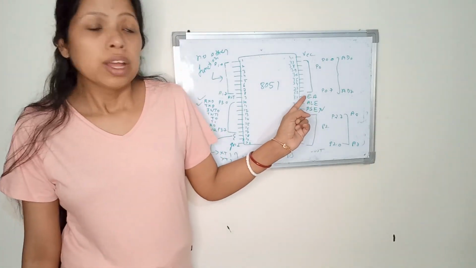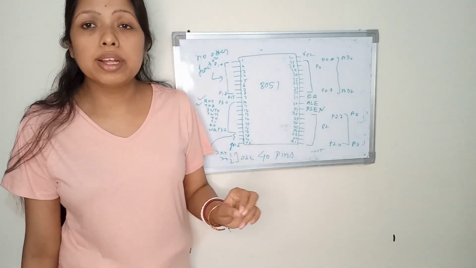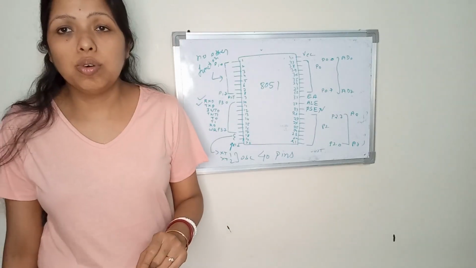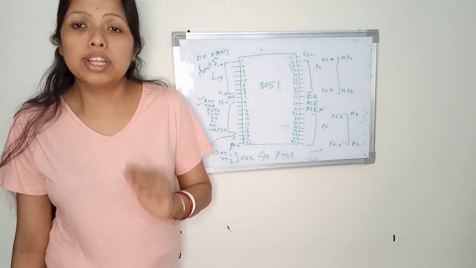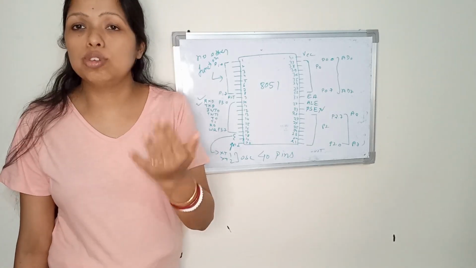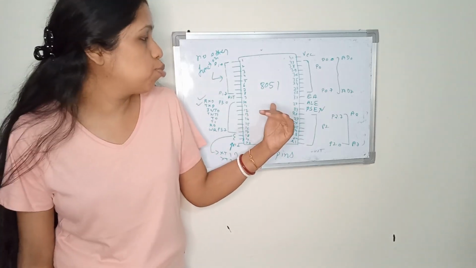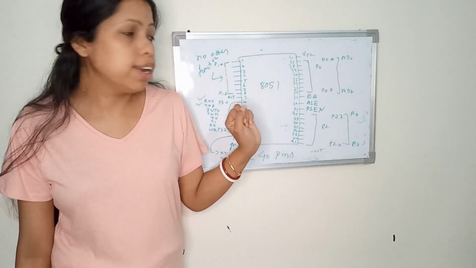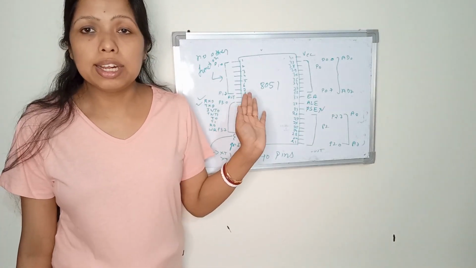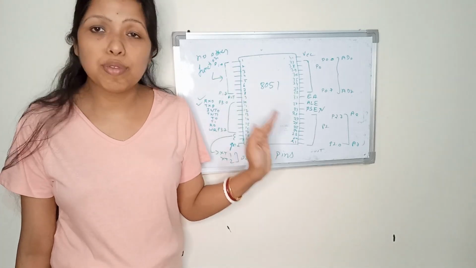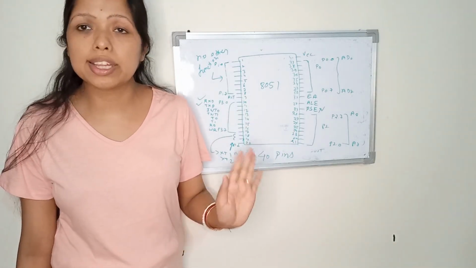Next is EA. E means external, A means access. Again, if you connect the external memory with the 8051 microcontroller, then external access should be active high. But the 8051 microcontroller has on-chip memory, so you're not required to connect external memory.